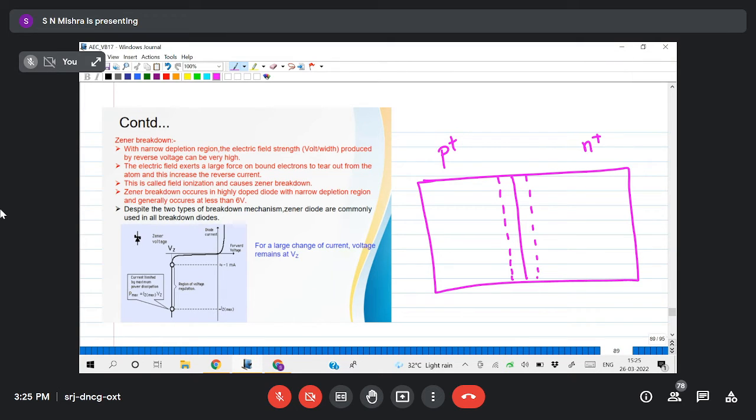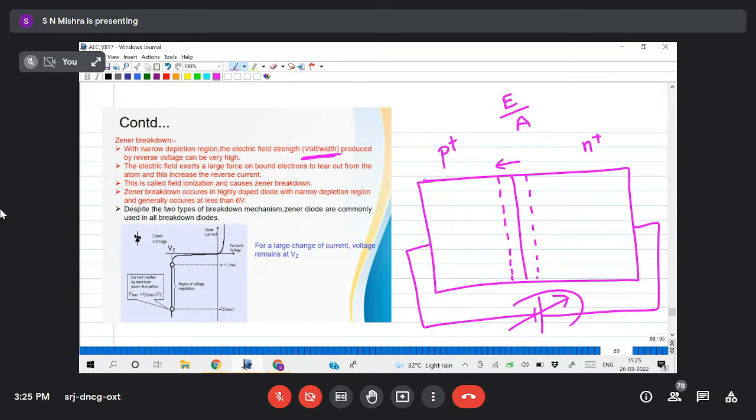Now when I increase the reverse voltage, what will happen? The volt per width, or electric field strength, meaning how much electric field will be generated when I increase this voltage, divided by this width.